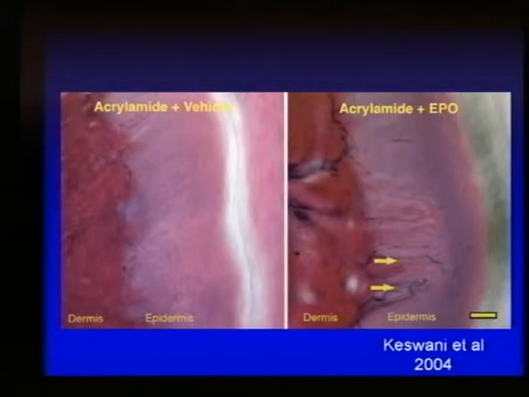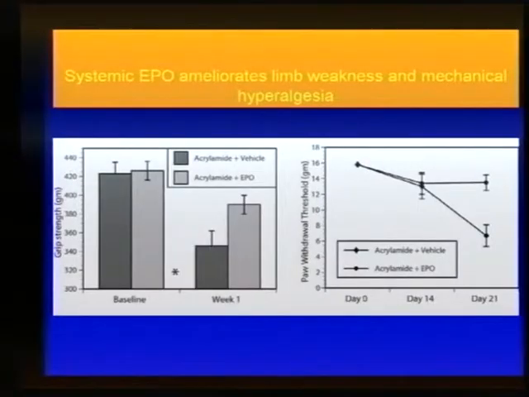And we used outcome measures looking at the degree of innervation of these sensory fibers. This is in the skin on a skin biopsy. One can see that there's no skin fibers in these animals given acrylamide, but when they're also given EPO, one can see that the sensory fibers are still present in the skin. And this actually correlates to a reduction in neuropathic pain. This graph shows what's called a paw withdrawal threshold.